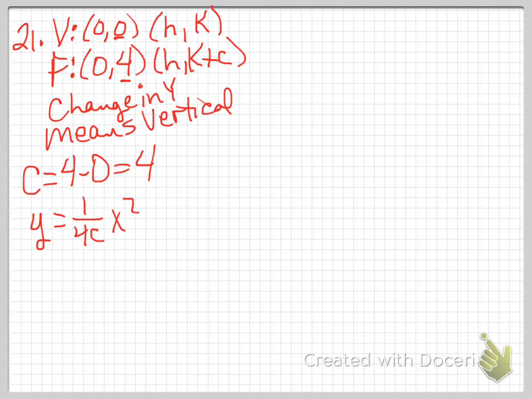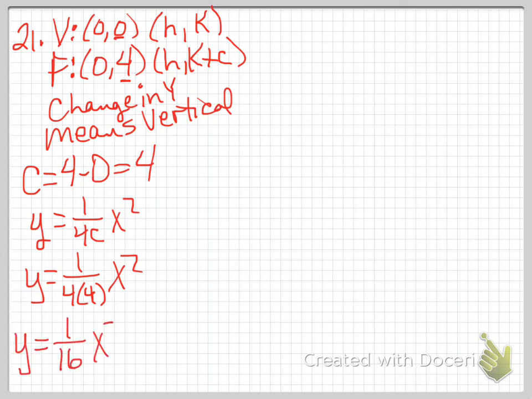And I'm going to take my c, my 4, and I'm going to plug it in. So I have y equals 1 over 4 times 4 x squared. Multiply that together and I get y is equal to 1/16 x squared.